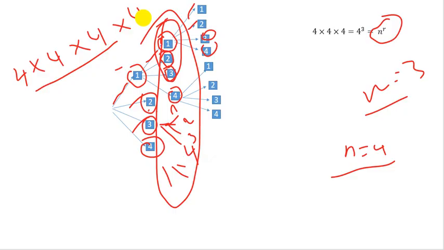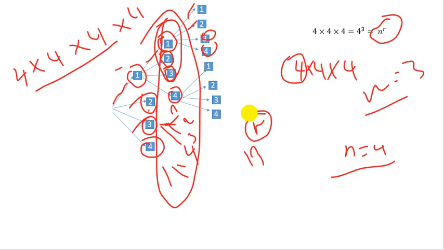So it is simply 4 times 4 times 4. What is 4? It is n, our available numbers from 1 to 4, power r, the number of times we multiply it, which is the number of digits I include.